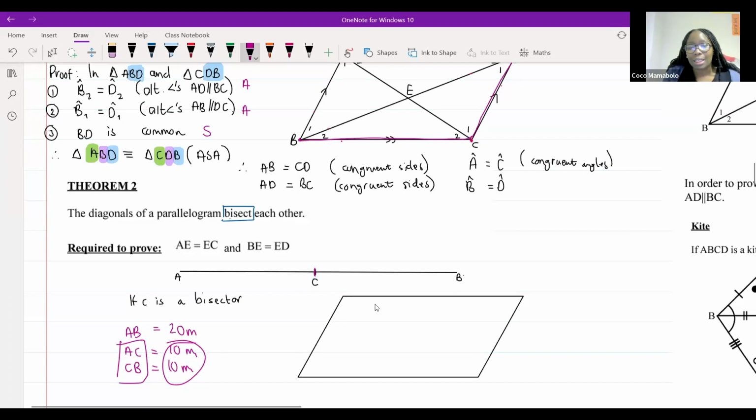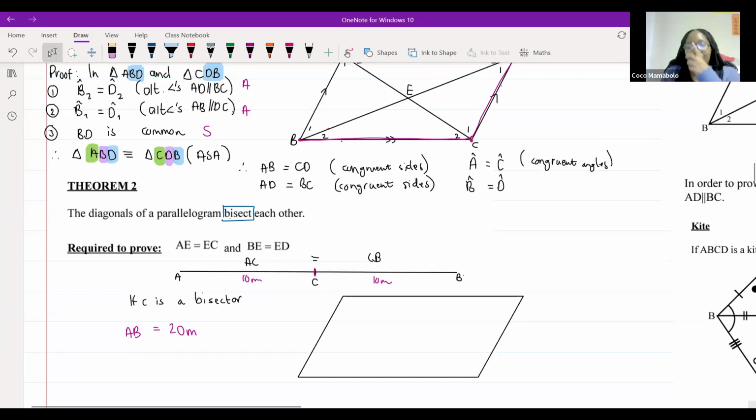If this cuts it in half, and this is 10 meters, and this is 10 meters, what this is actually telling me is that AC is equal to CB. Is everyone with ma'am here? If we've got a bisector and it cuts the thing into two equal parts, that means those two parts are equal to each other.